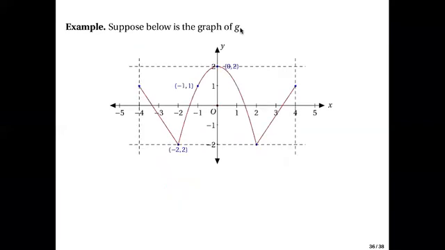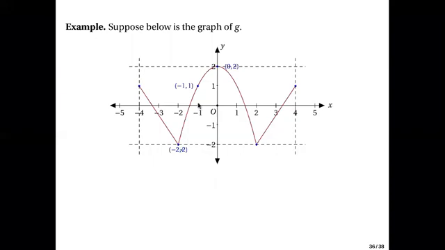Next example, we have the function g, and this is the graph. So this is a function. Look at this. This point here is (-4, 1). And then you have your (-2, -2).